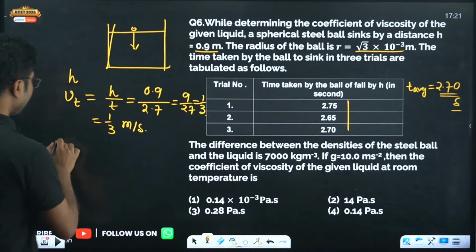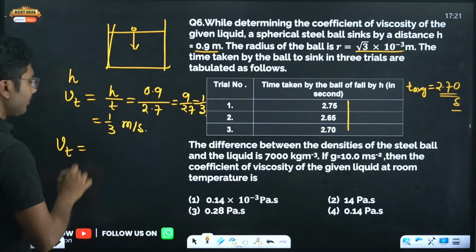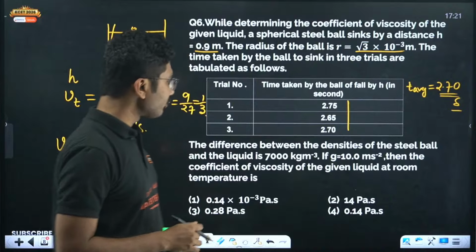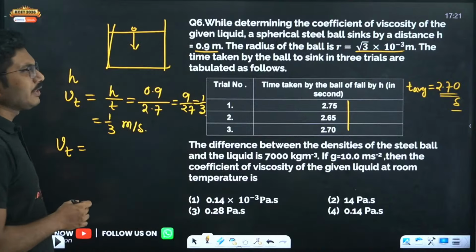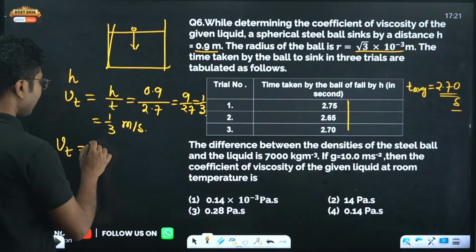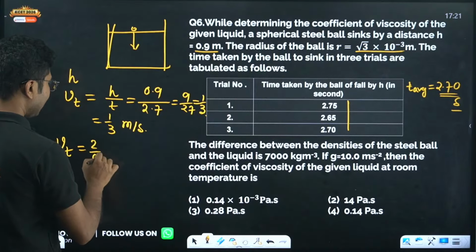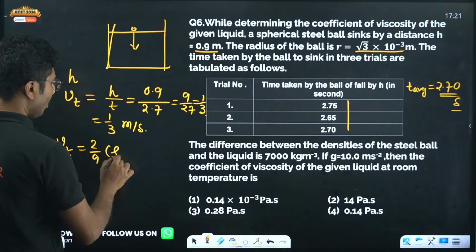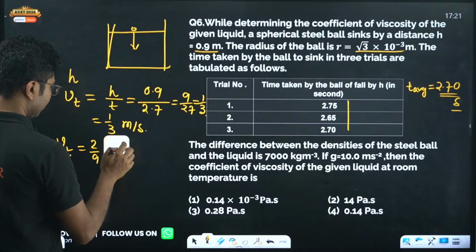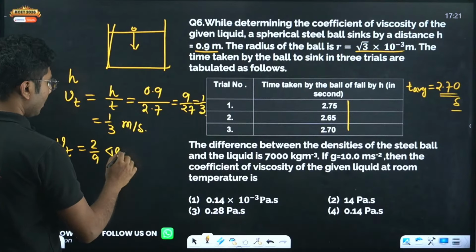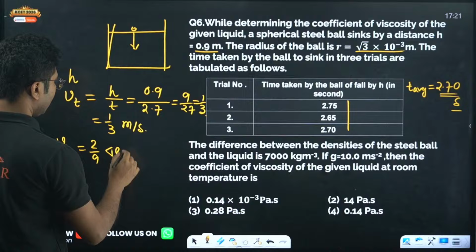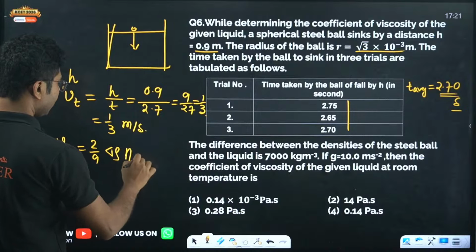Okay, and terminal velocity in terms of viscosity, you will also get a formula. If I remember correctly, 2 by 9 rho, difference in rho, into viscosity.